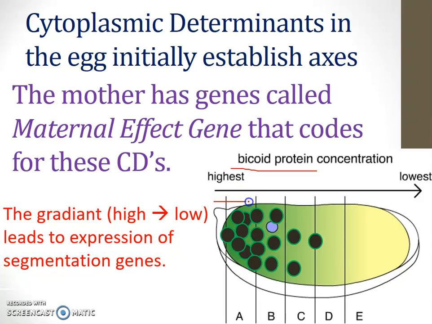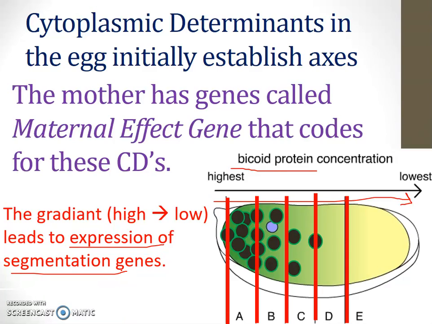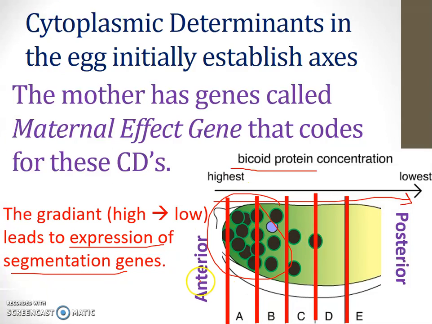This gradient of high to low leads to the expression of different genes that lead to segments forming. So with this, here we have our anterior end and our posterior end. As this organism develops, wherever there's high bicoid protein, that will lead to the anterior development. Wherever it's missing bicoid protein, it'll be the posterior development.